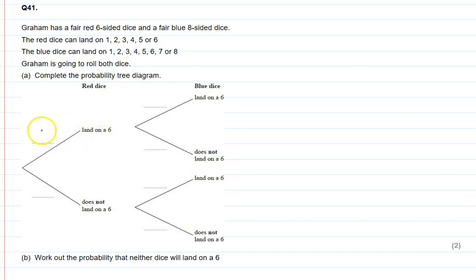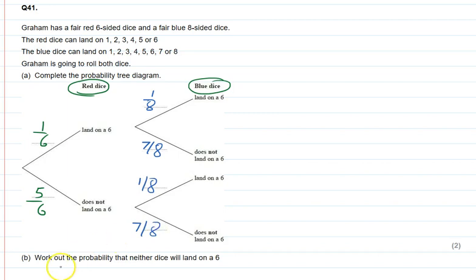So if he lands on a 6, there are 6 outcomes, so it will be 1 over 6 here, and then it will be 5 over 6 for the red dice, and for the blue dice, there are 8 outcomes in total, so it will be 1 over 8, and this will be 7 over 8. Similarly here, this is 1 over 8 and 7 over 8.